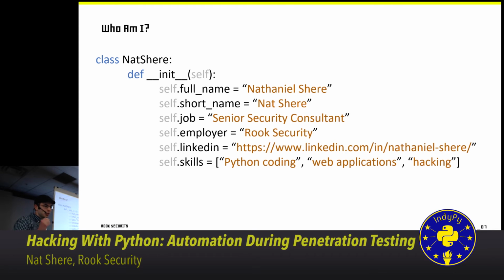I've specialized specifically in web application penetration testing, so web application hacking, and from day one at Rook I was doing some pretty heavy Python scripting as well, because you really can't do penetration tests without trying to improve your automation and efficiency, and almost always that comes in with Python.